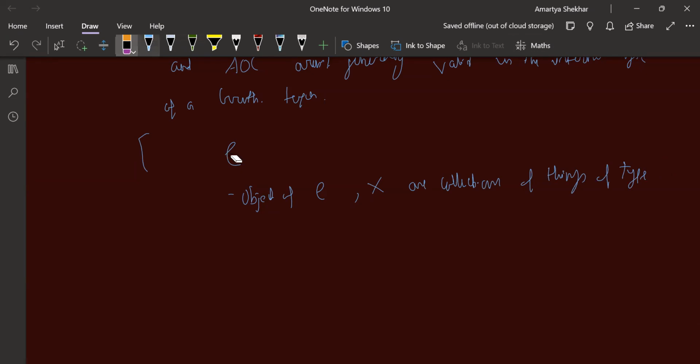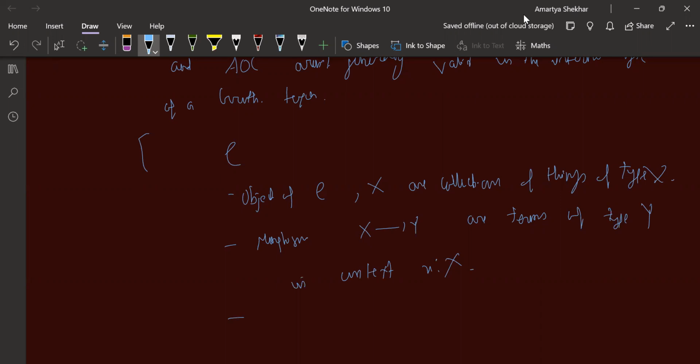So type X, and then morphisms from X to Y are terms of type Y in context.